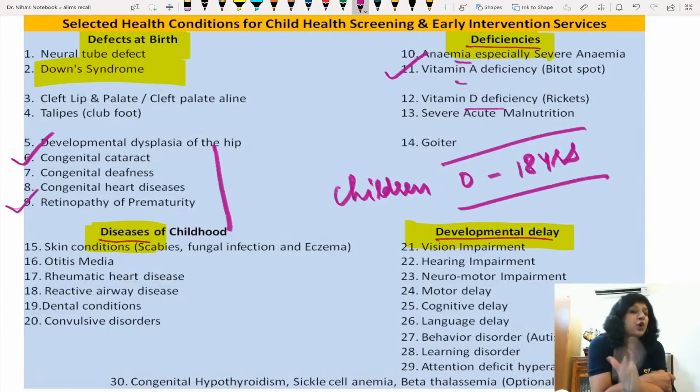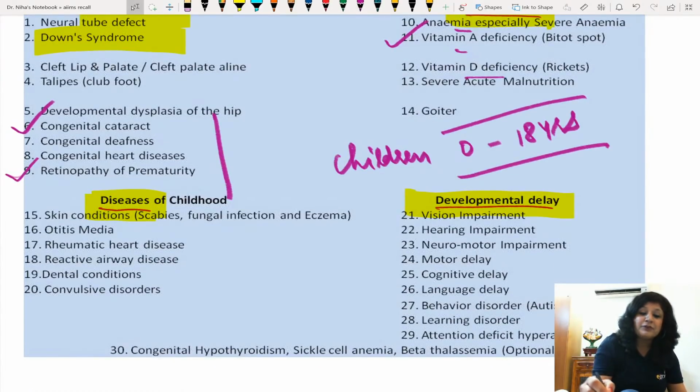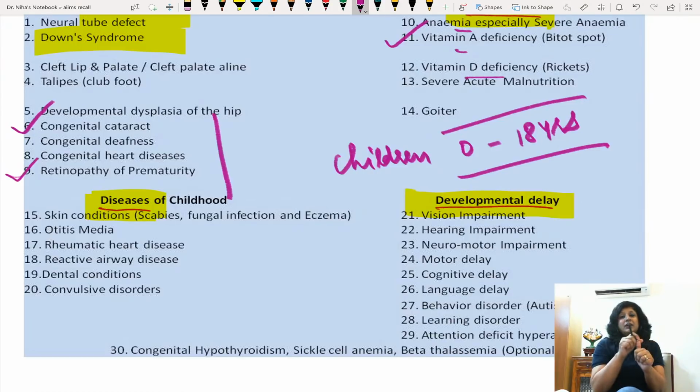Every time they used to ask what things are not included in the Vision 2020 program, and in 2020 they have not asked about Vision 2020, and here they asked about the Swasthya Karyakram. No matter. You have to remember that all the diseases of childhood, all the defects, the deficiencies, as well as the developmental delays are included.